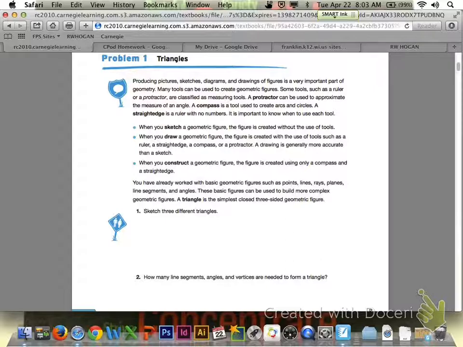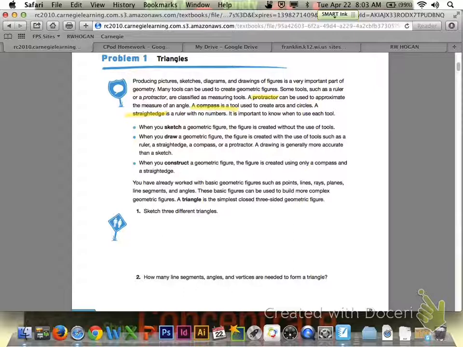A protractor can be used to approximate the measure of an angle. A compass is a tool used to create arcs and circles. A straight edge is a ruler with no numbers. It is important to know when to use each tool. So again, these are the three tools that we may have a chance to use over the course of chapter 13 to create some geometric figures.